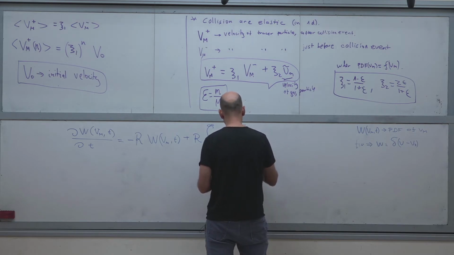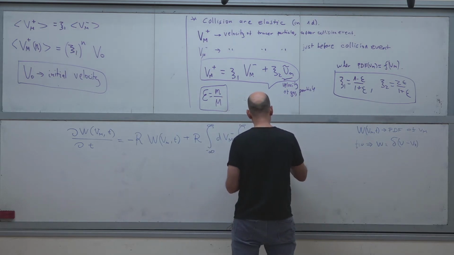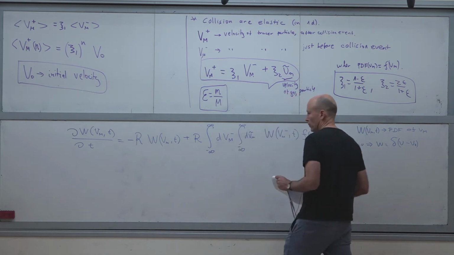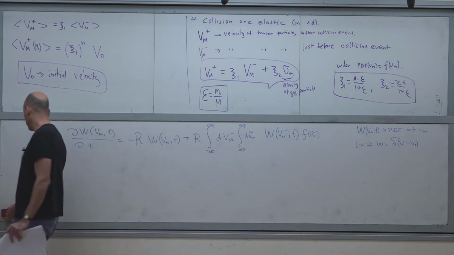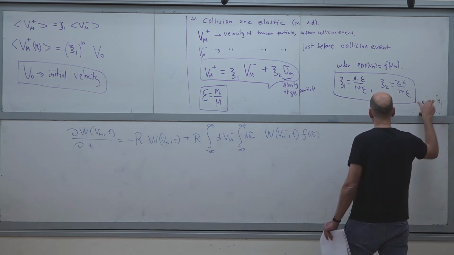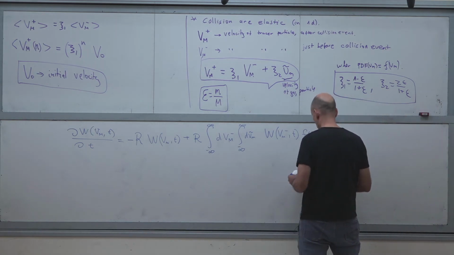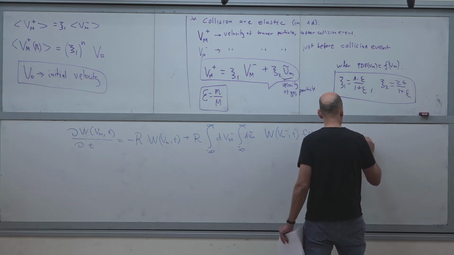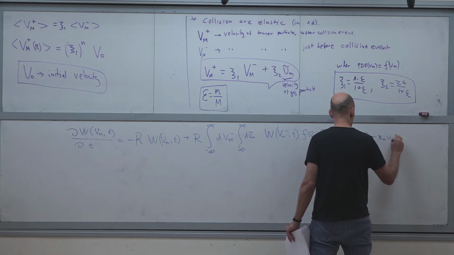So we have two integrals, W(V_m minus, t), the distribution of the velocity of the gas particle, times a delta function, which gives you V_M minus psi_1 V_M minus psi_2 V_m.